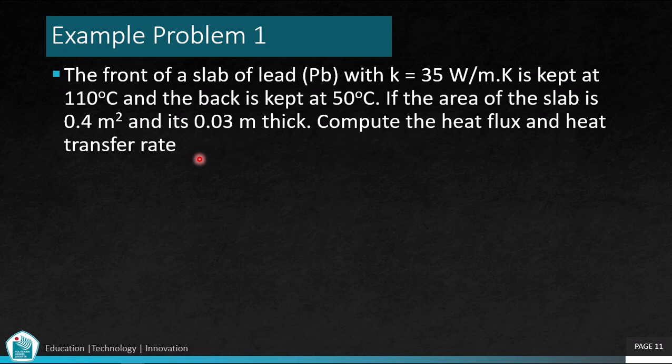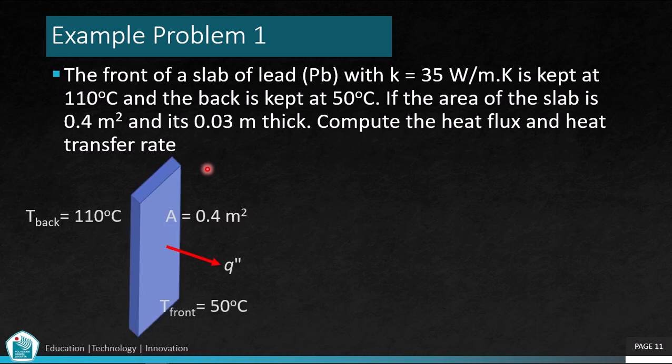So please imagine a slab of lead, in the three-dimensional case. For example, the area is 0.4, this is T back, the hottest part, and this is the front, the coldest part, and the heat flux will go in this direction.